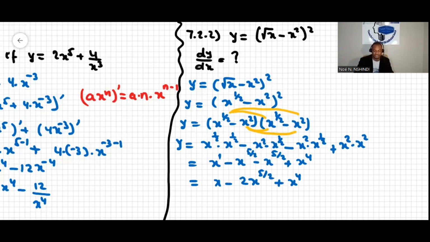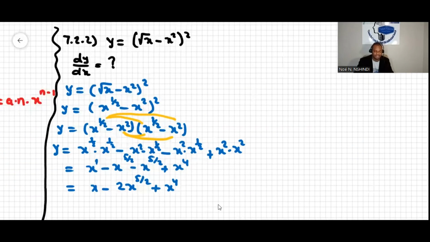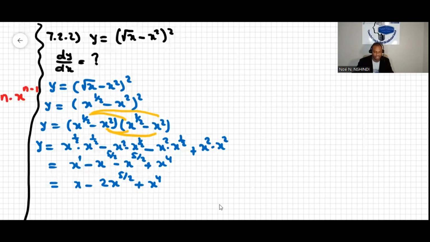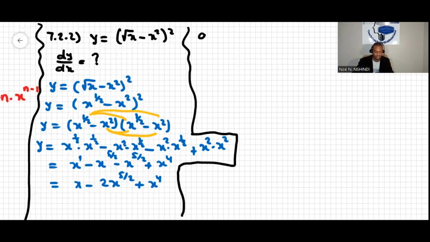This is y. Now, if I need to work out dy/dx, I want to split it like this. dy/dx will be 1 minus 5 over 2 times 2 times x to the power of 5 over 2 minus 1, plus 4 times x to the power of 3.